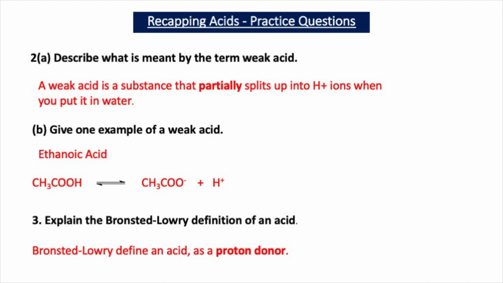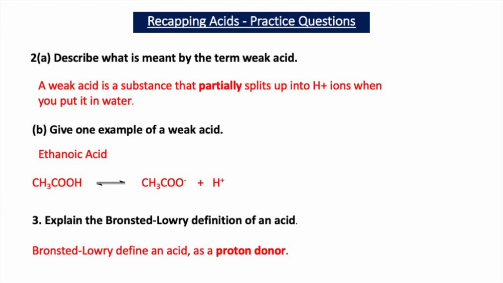Now you should remember from year 12 chemistry that the pH of a solution is a measure of the concentration of H plus ions. And the lower the pH, the more H plus ions are in solution.